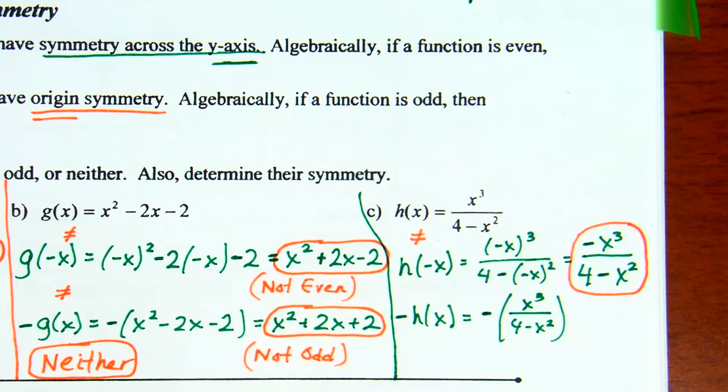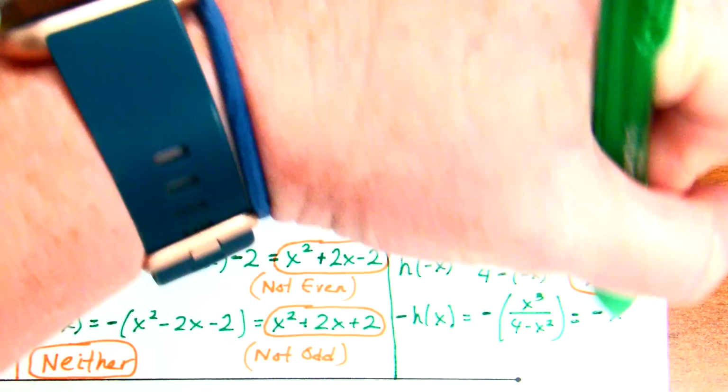Now, when we put that negative one place, what do you see? Where would be a good place to put it to make it look like the top one? It becomes negative x cubed over the still 4 minus x squared.